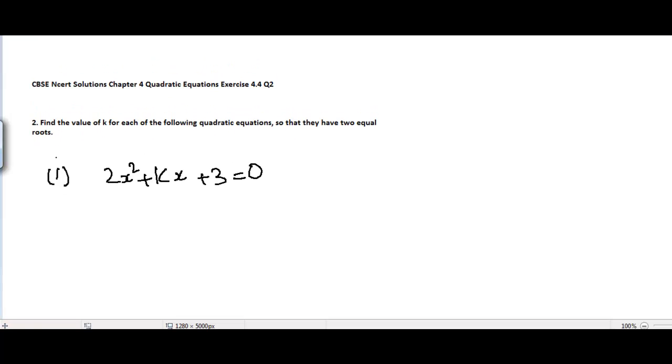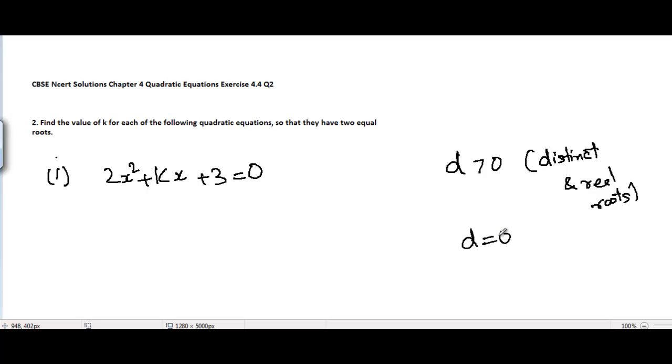We know that we have three different cases. If the value of the discriminant of any given quadratic equation is greater than 0, then we have distinct and real roots. If the value of D is equal to 0, then we have real and equal roots.